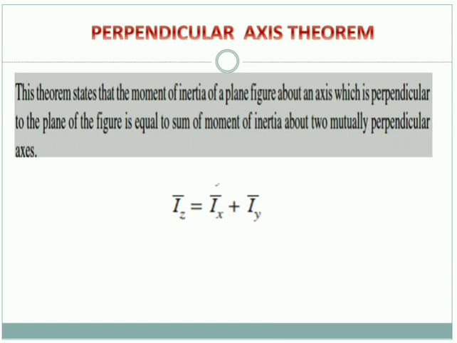So this theorem states that for any axis you take, when there are other two axes and all axes are perpendicular to one another, then we can prove that Iz is equal to Ix plus Iy.